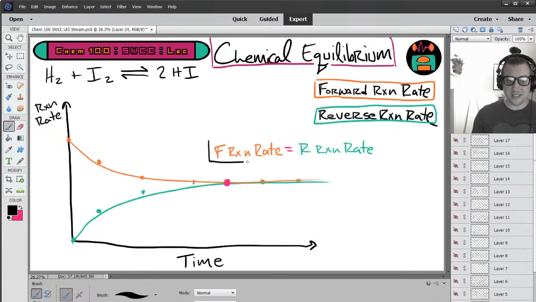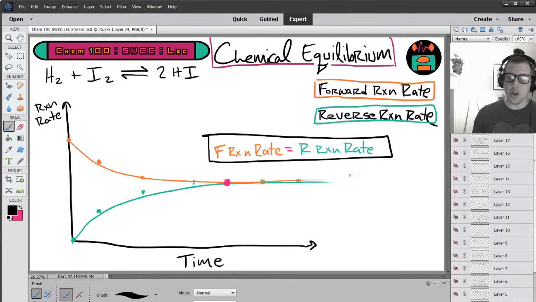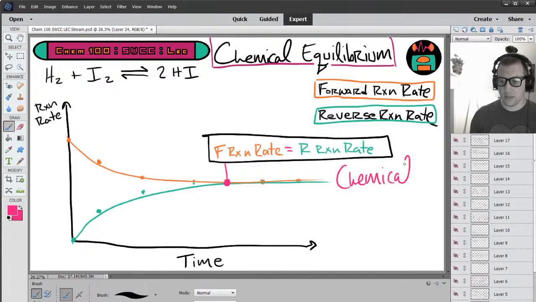And starting from right here, this is called chemical equilibrium.